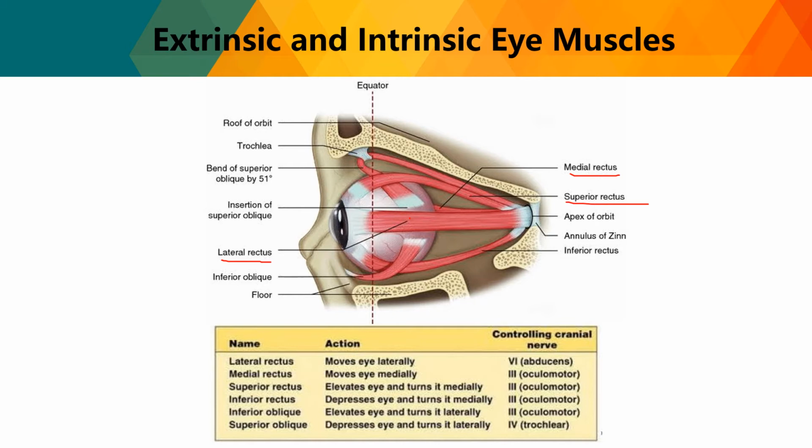And then the inferior rectus, this one. And then you have the inferior oblique, okay, this one. And then the superior oblique. Okay, insertion of the superior oblique muscles. Okay, so those are the extrinsic and intrinsic eye muscles.